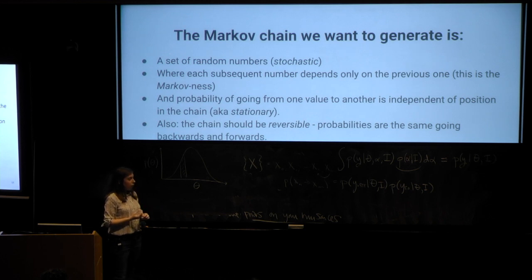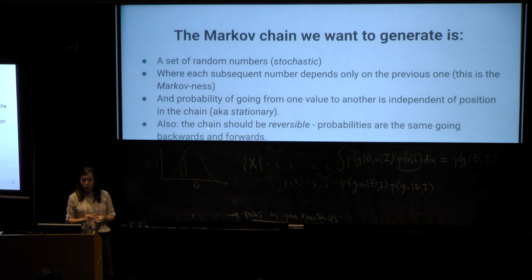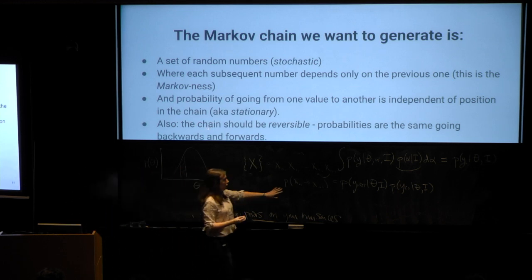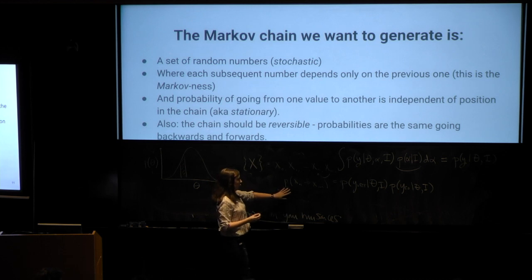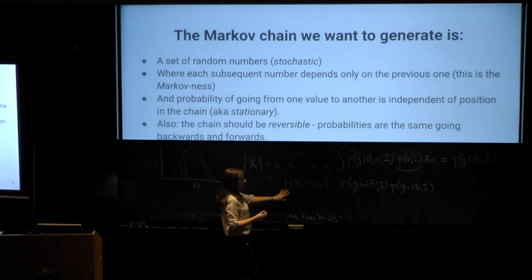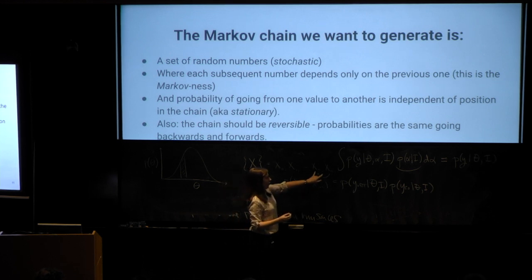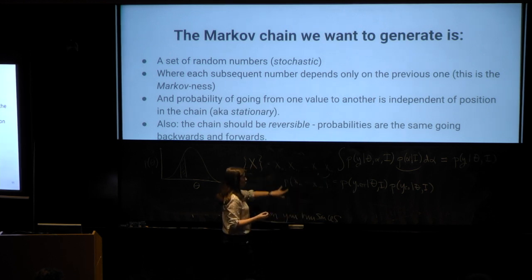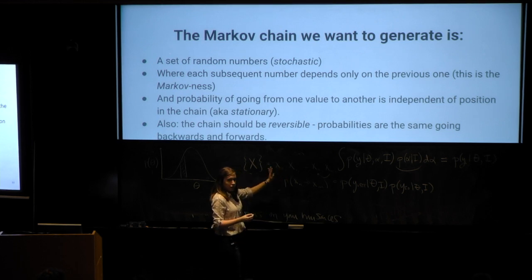The Markov chains that we're going to use for MCMC, we want them to be stationary. That's saying that the probability of going from x of n to x of n plus 1 doesn't matter if you're here at x of n or if you initialized the chain here at x of n.